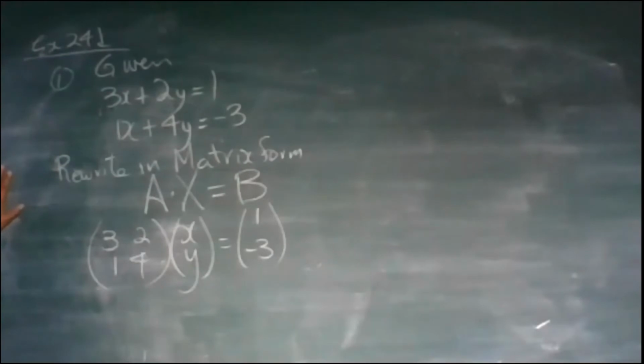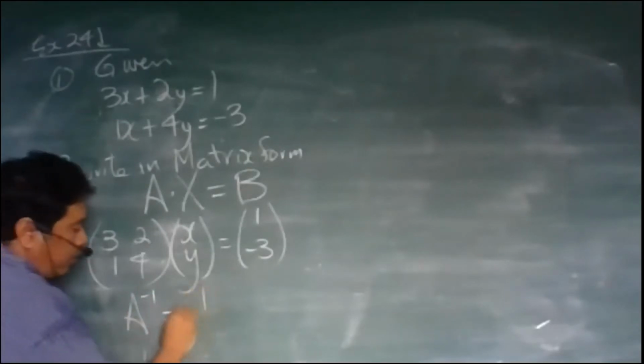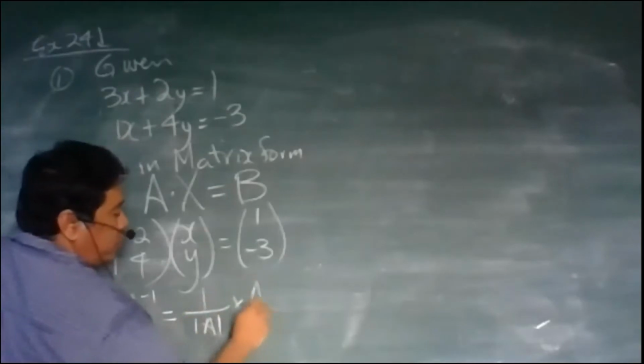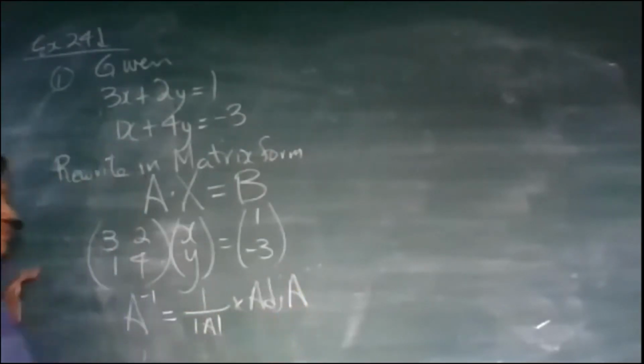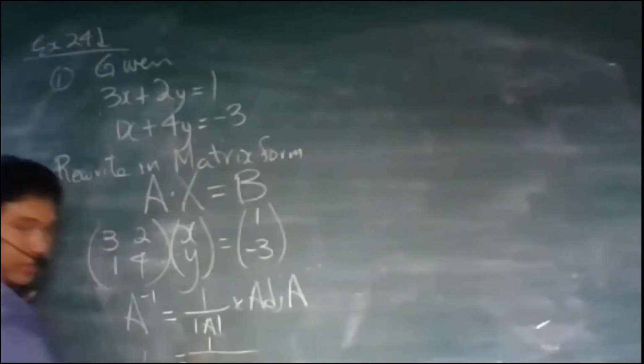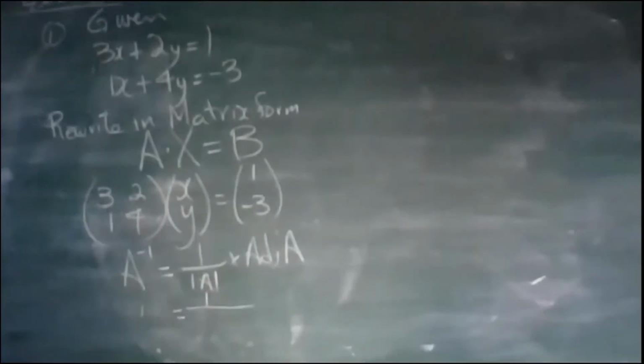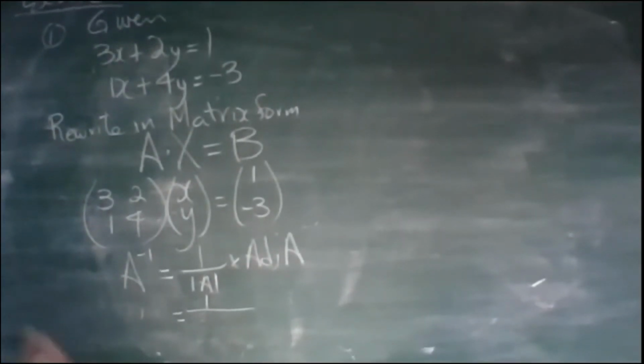Now that we have this, we need to find the inverse of A, all right? And we know that the inverse of A is 1 over the determinant of A times the adjoint of A. So the determinant is the leading diagonal minus the non-leading diagonal.